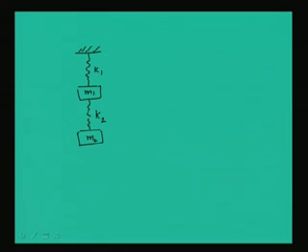And if we are disturbing these masses such that they have up and down motion. So, let us say this has x1 displacement, this has x2 displacement, but they are in the vertical direction only.